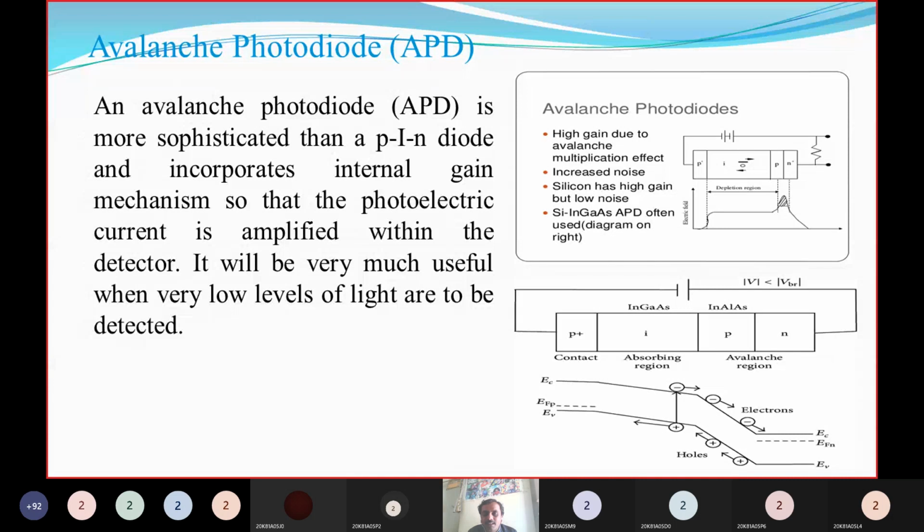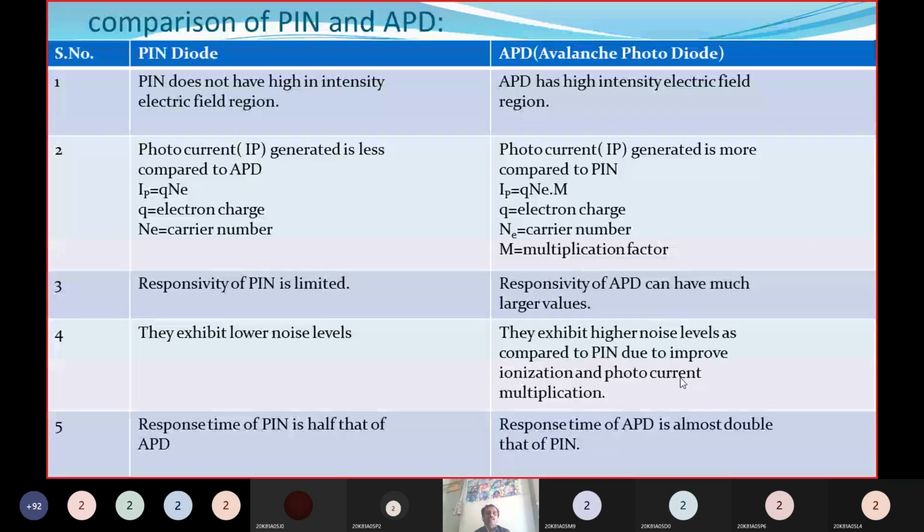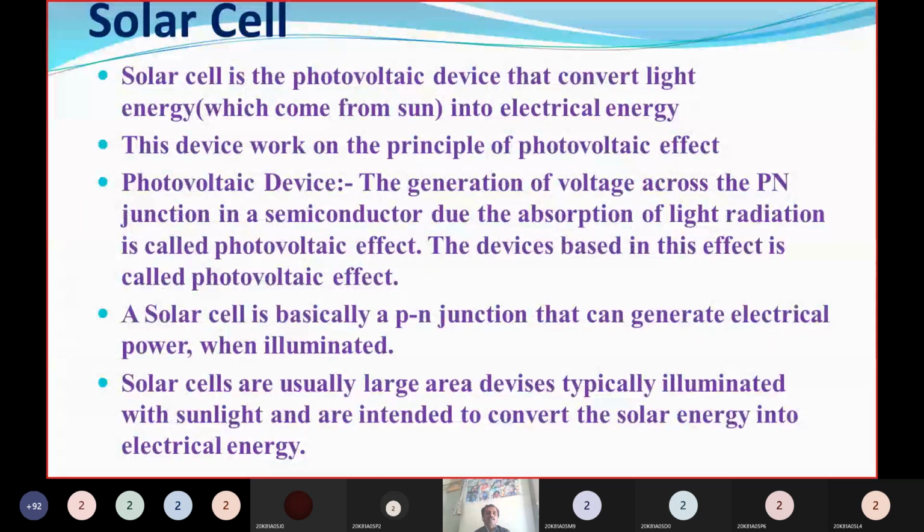Now coming to the solar cell here. The solar cell is a photovoltaic device that converts light energy into electrical energy.